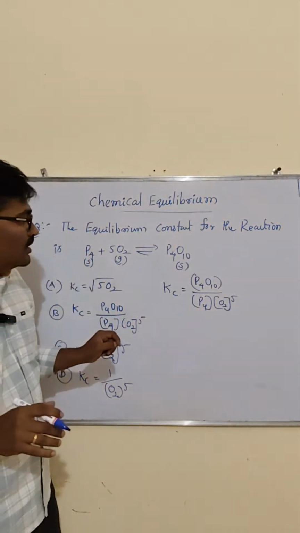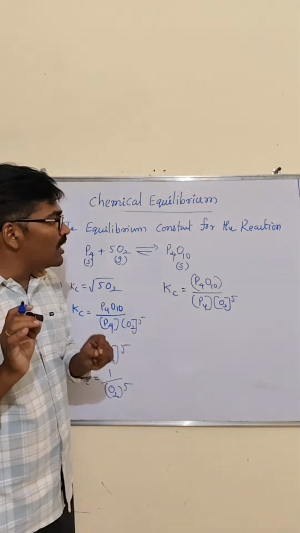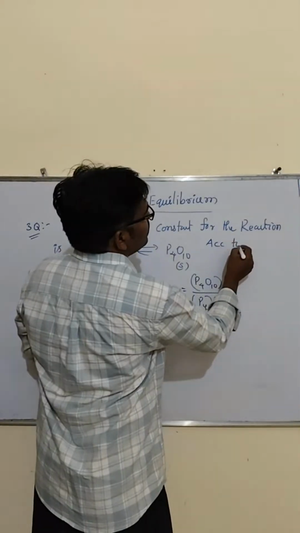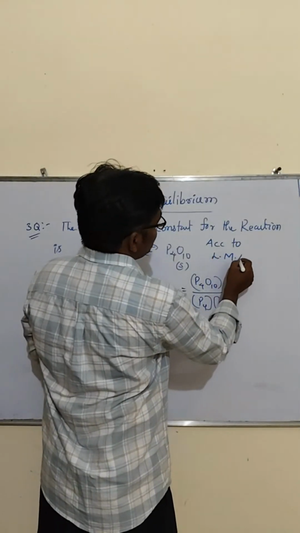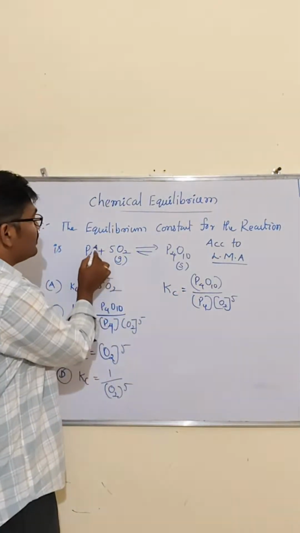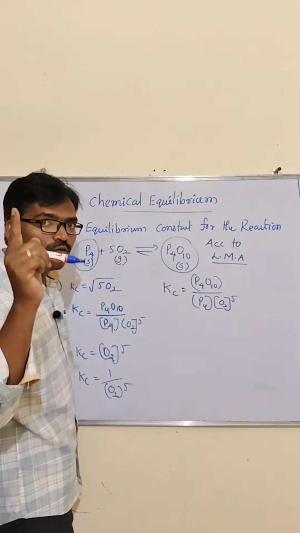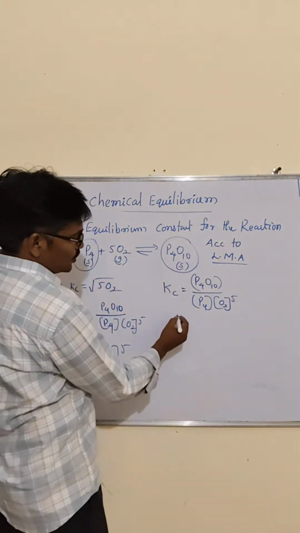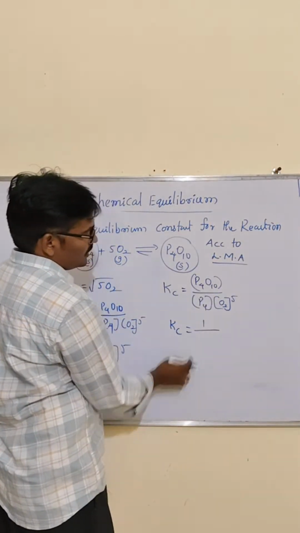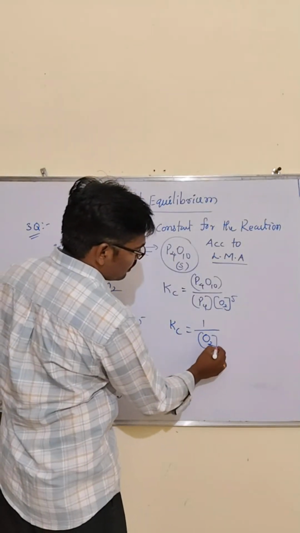Here you have to observe one thing: according to the law of mass action, wherever a solid is mentioned, the active mass of the solid we have to take as 1. So Kc equals, this is a solid, right? 1 divided by, even this is also solid, then only O2 whole to the power 5.